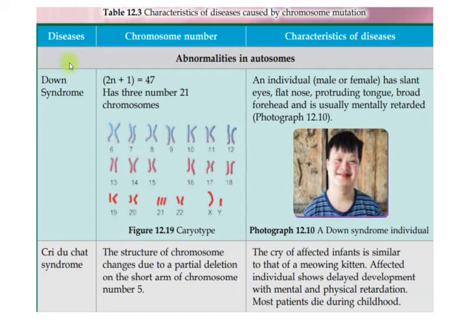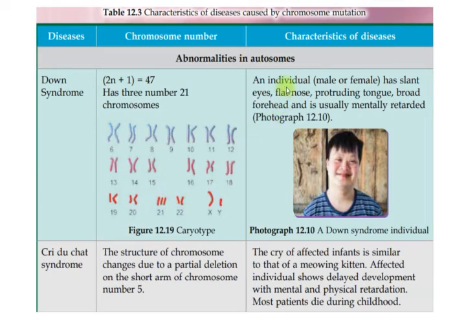The chromosome number of a Down syndrome patient is 47, 2n plus one extra chromosome. In the 21st pair, he or she has three chromosomes, meaning they have an extra chromosome on the 21st pair.